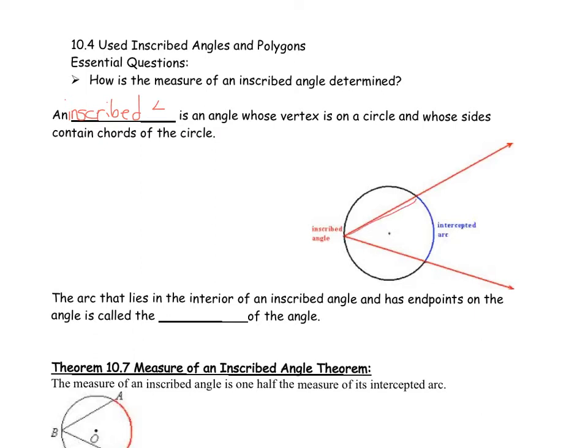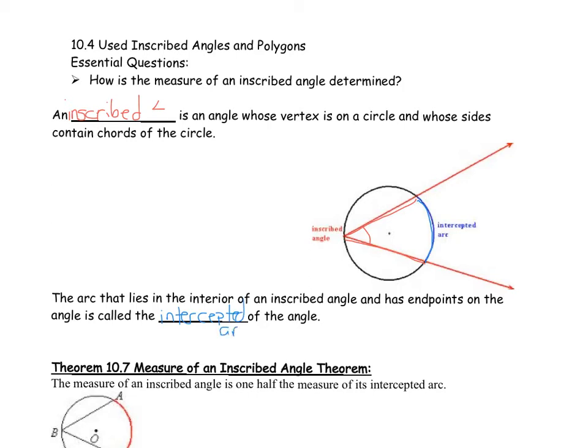Those two chords do form an angle right here. That angle is what we call an inscribed angle. The arc that is formed by that angle, which we can see in blue, is what we call the intercepted arc.